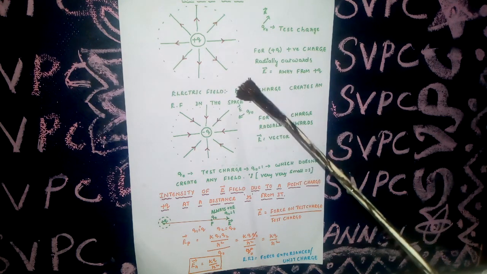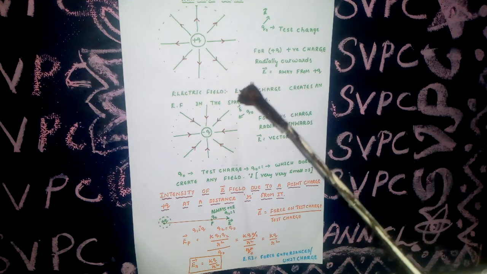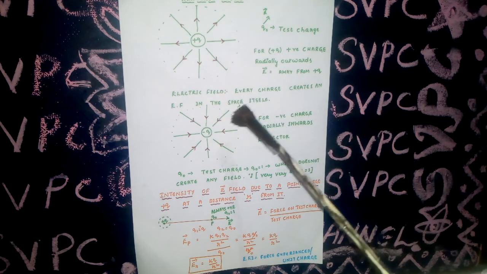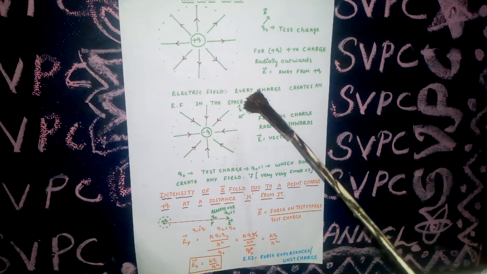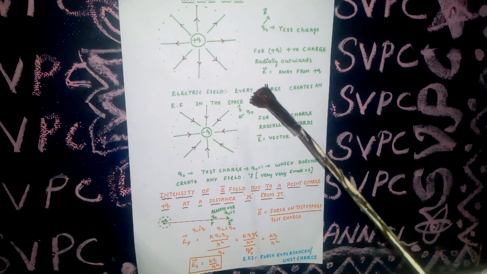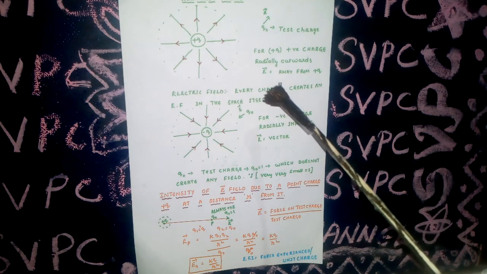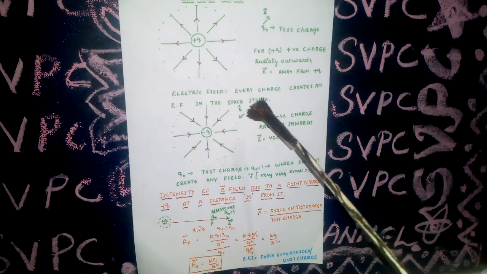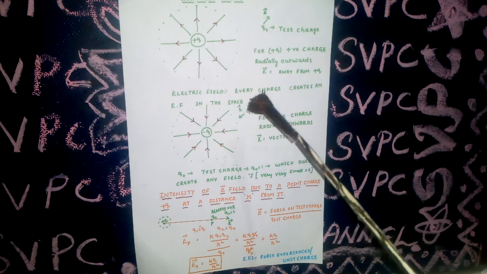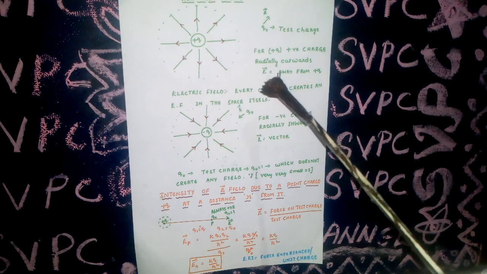So why? Because electric field influence will be there around the TV. Even though power has gone off, when you stand nearby, the hair will get attracted. Because TV has created some external field around it.